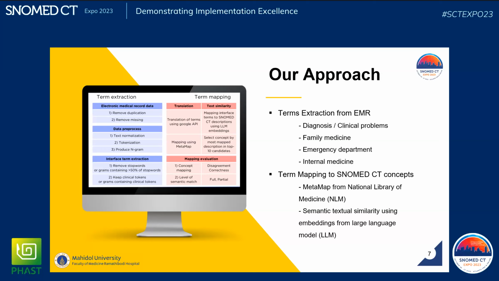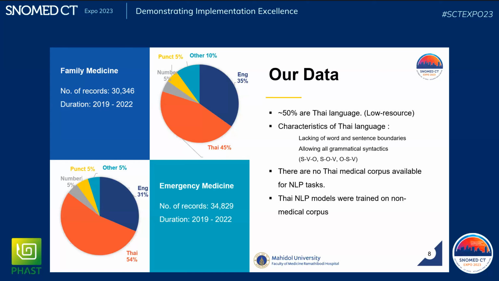See our data, about 50% of the data is Thai, which is actually much more than English. And the characteristic of Thai language is that it has no boundaries for words and also for sentences. So we have no full stop, and no white space between words.